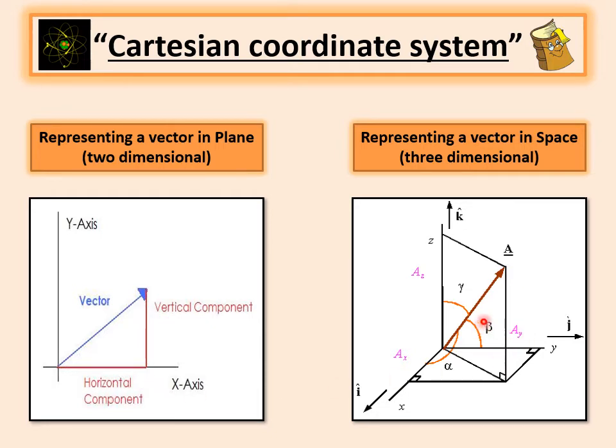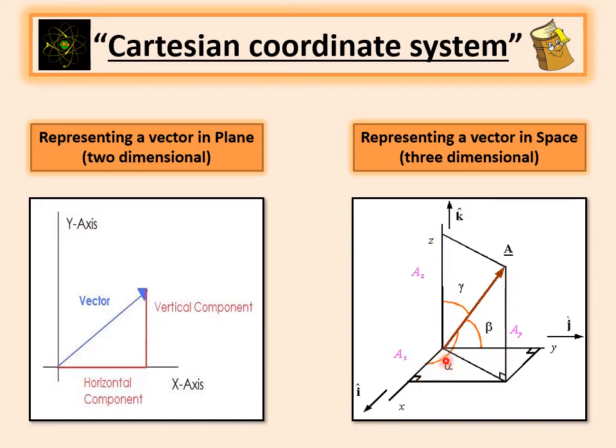Similarly, when we draw our vector on the three axes x, y, z, we have three components of our vector. This is vector A, so we have three components, A y, A z and A x.